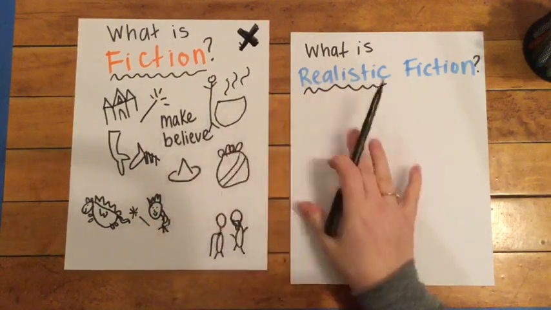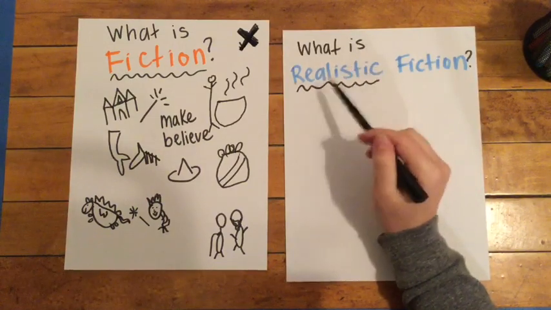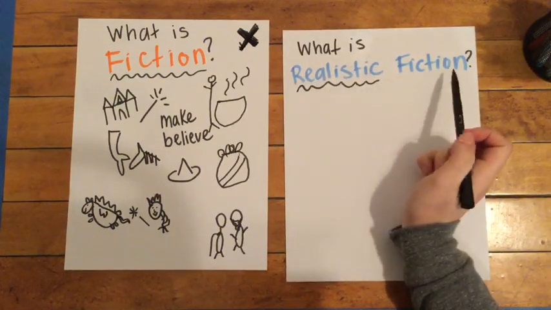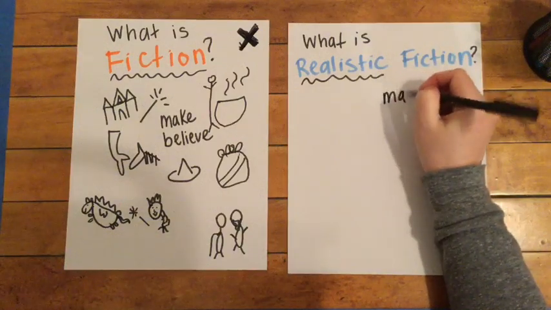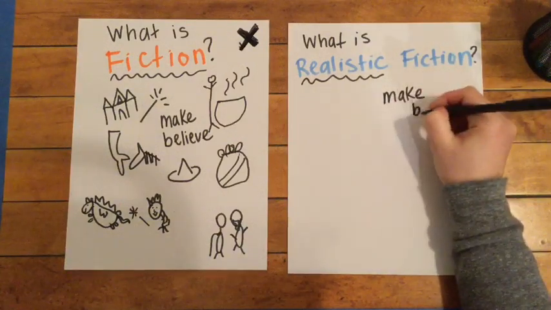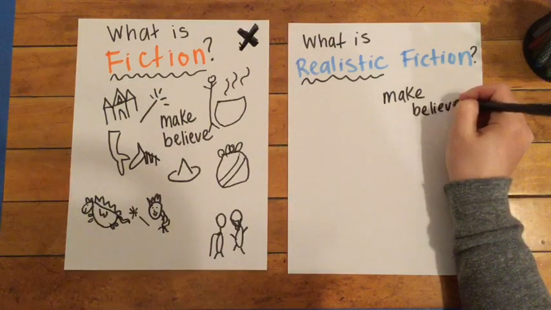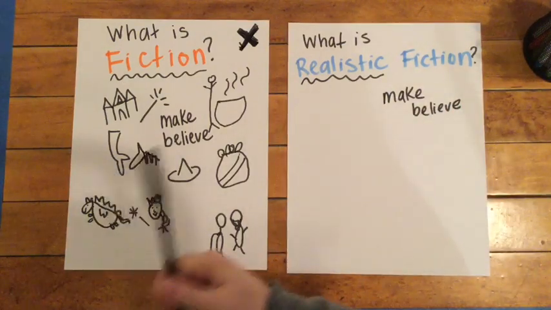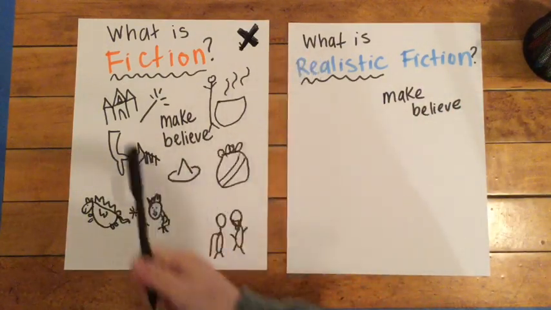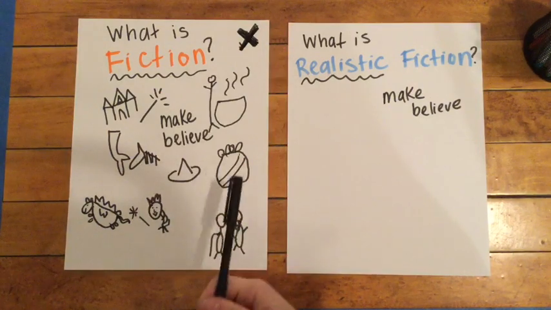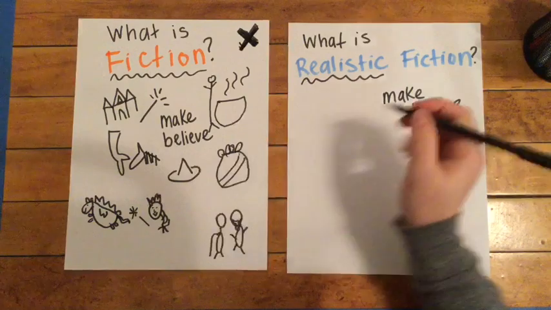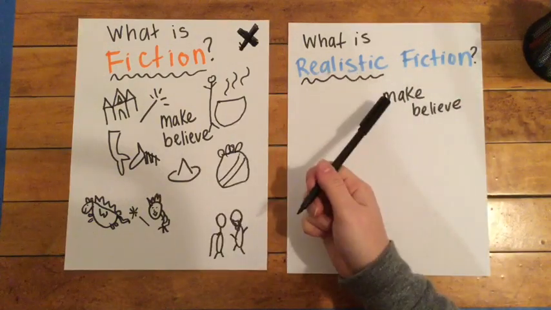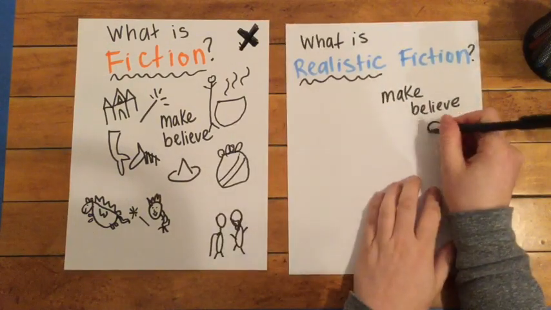Which leads us to our question over here. What is realistic fiction? Well, realistic fiction are still make-believe stories. But instead of being about wizards or mermaids or unicorns or castles or dragons or, you know, the marvelous medicine, realistic fiction is make-believe about people.